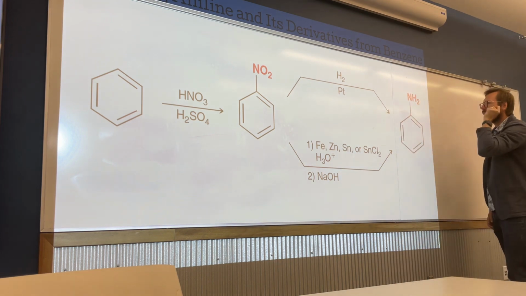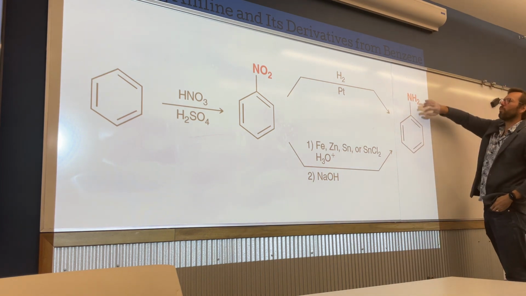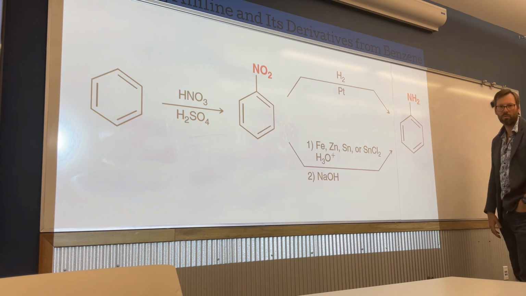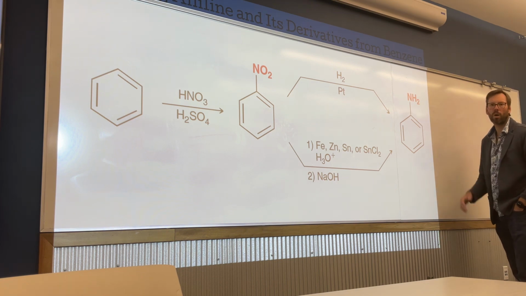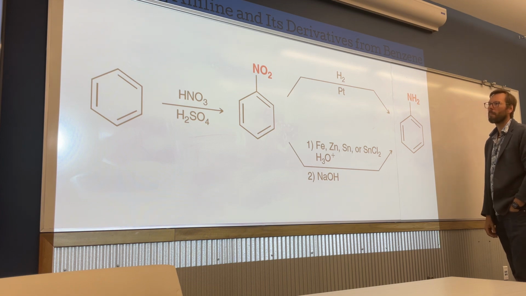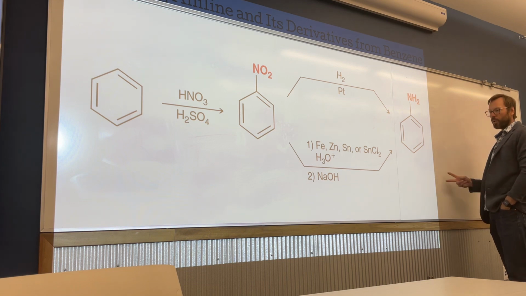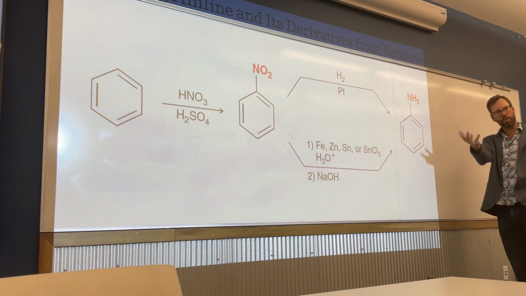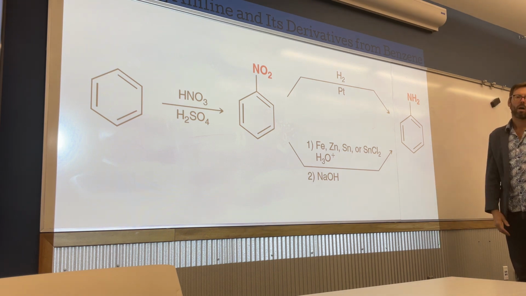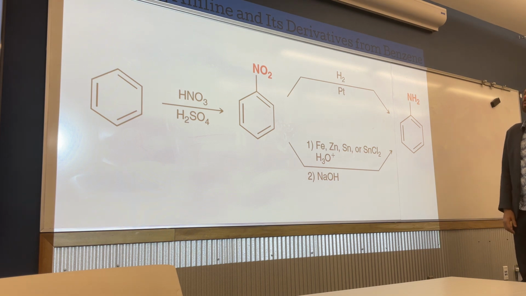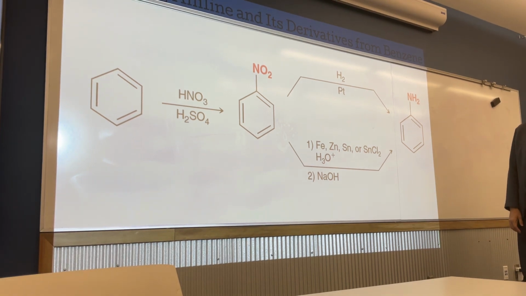Do the same thing here, essentially removing the oxygen and hydrogenating that nitrogen instead, and forming water. Okay. So two different pathways, but these are the three major tools that you can put in the toolbox for making amines.